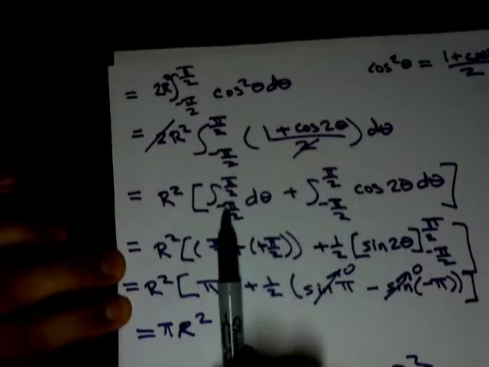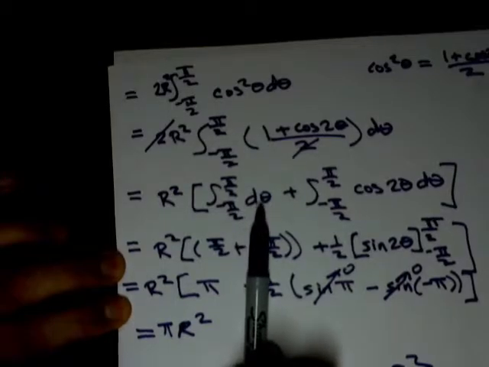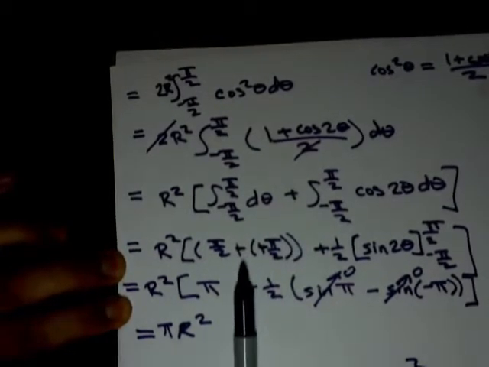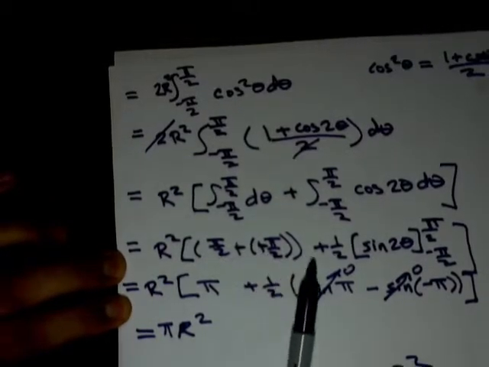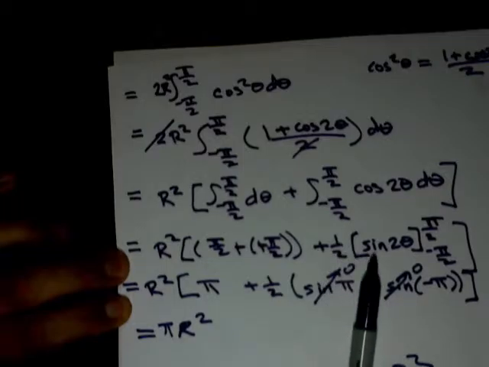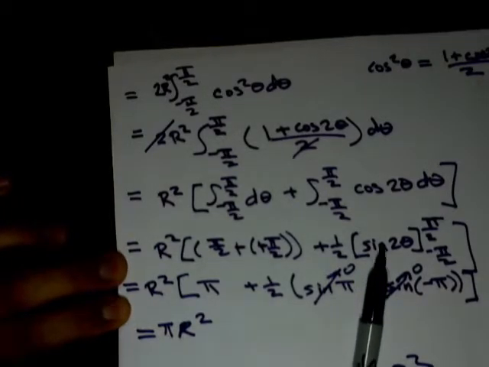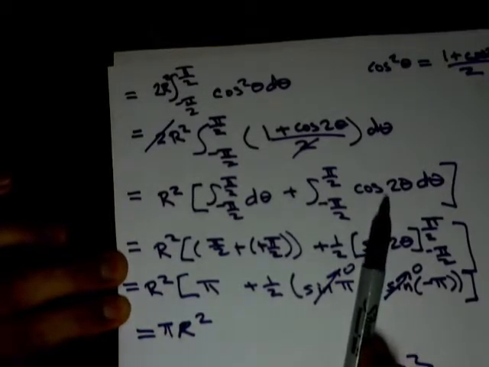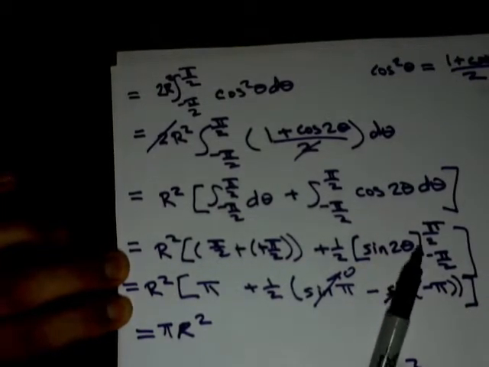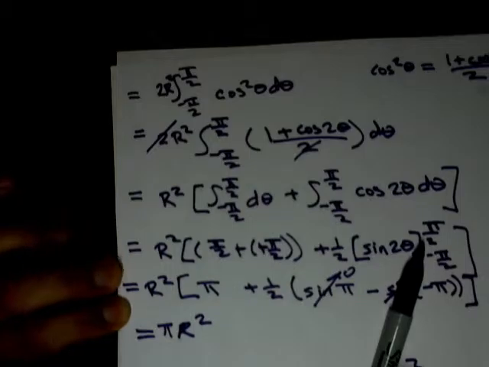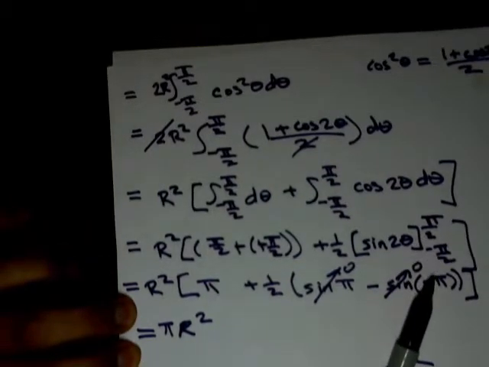And this is easy to integrate because this d theta just becomes a theta, and we just put in our limits of integration, which we do right here, and we have a minus here and a minus here, so that becomes a positive, plus 1/2 times our integral of cosine 2 theta, which is 1/2 times sine of 2 theta. And we put in our upper and lower limits, which are these.